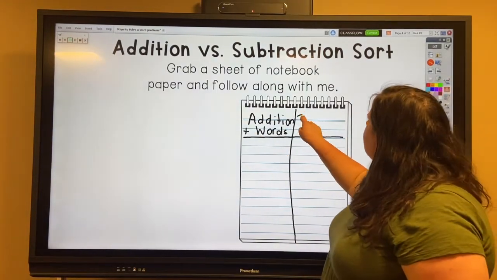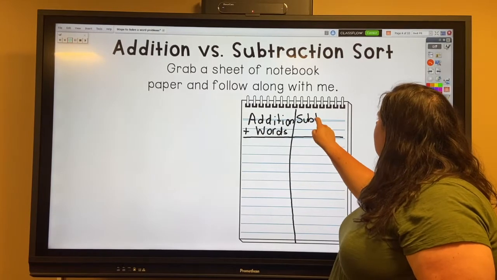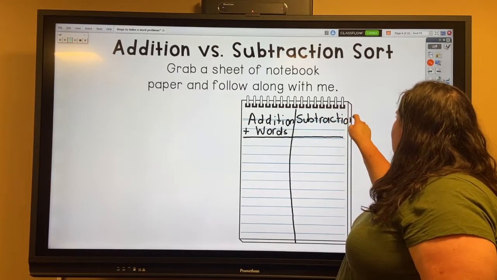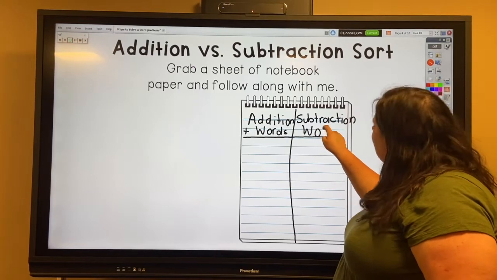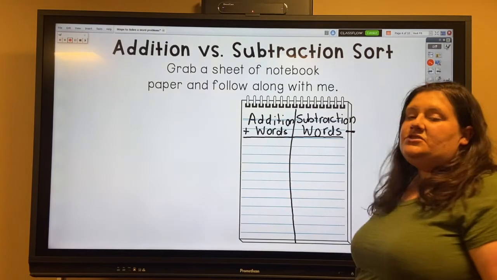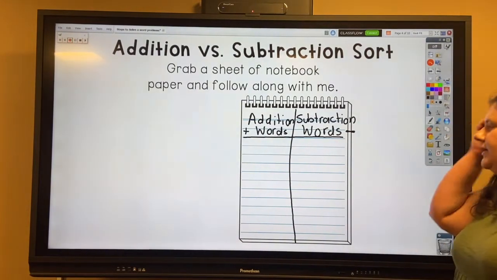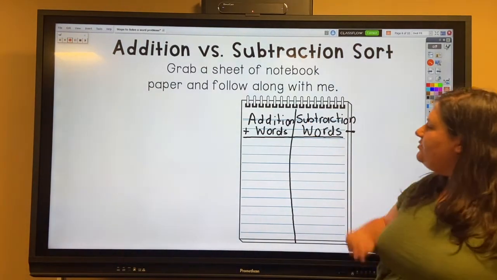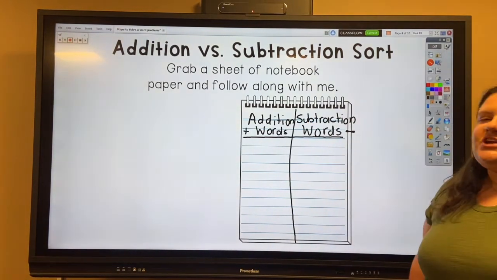Then we're going to write subtraction words, and we can put a minus sign in the corner to show that we're subtracting. So go ahead and take a minute and do that.